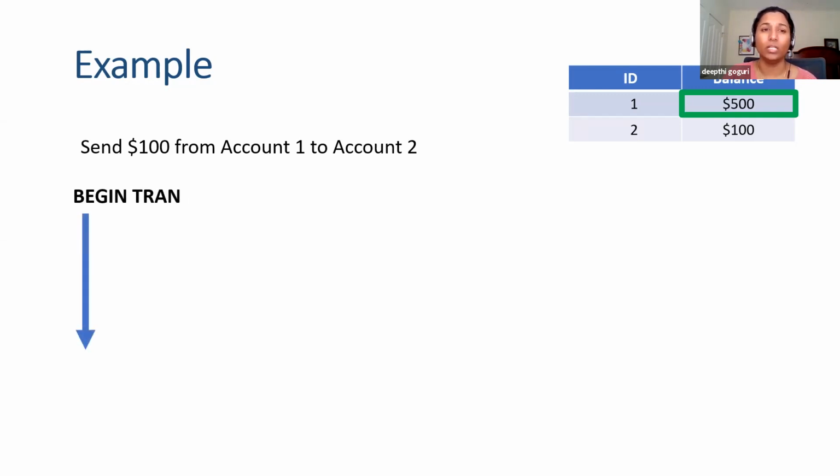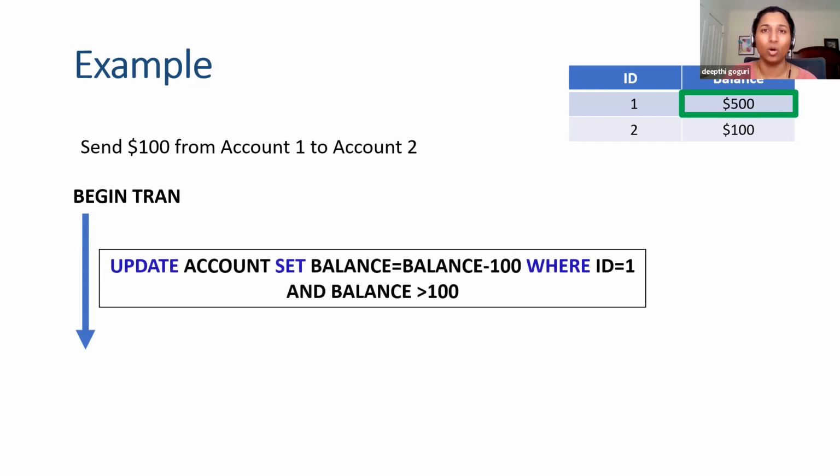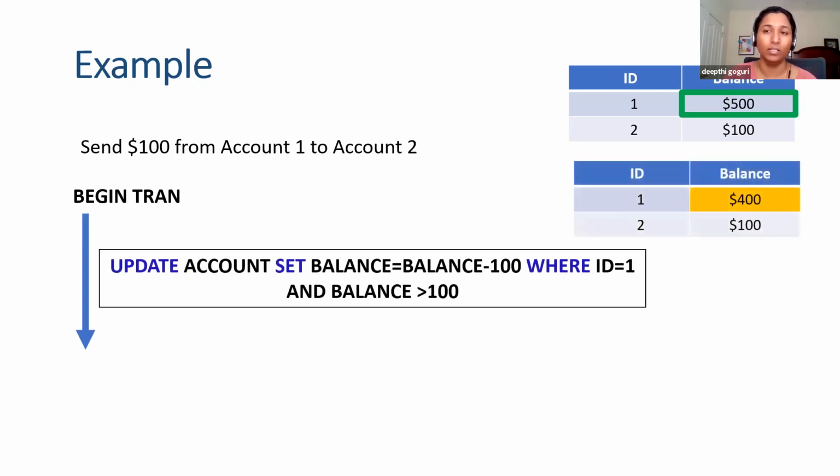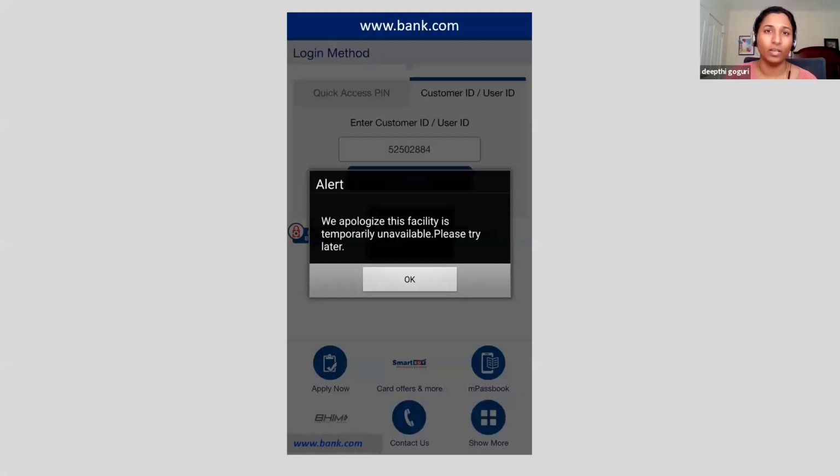The first operation will deduct $100 from my balance, which makes $400 in my balance. And the second operation is to credit $100 to my friend's account. But I suddenly see this on my screen. I am logged out of my mobile phone application and I see an alert saying, facility is temporarily unavailable, please try again later. Now, what has happened?